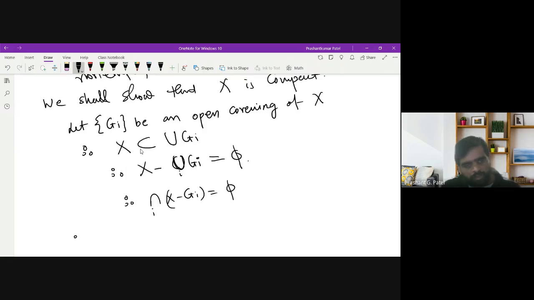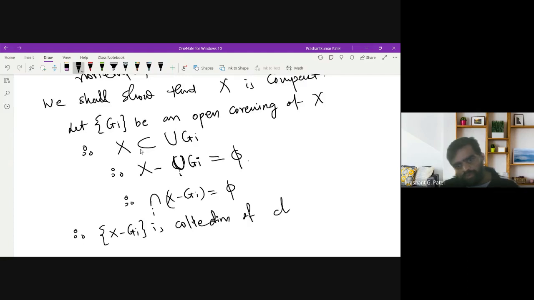Now, since Gi is an open set, X minus Gi is a closed set. So this collection, X minus Gi, is a collection of closed sets with empty intersection.